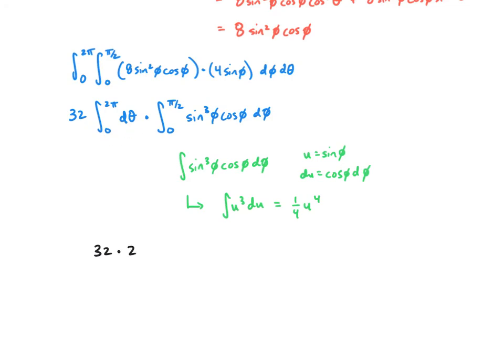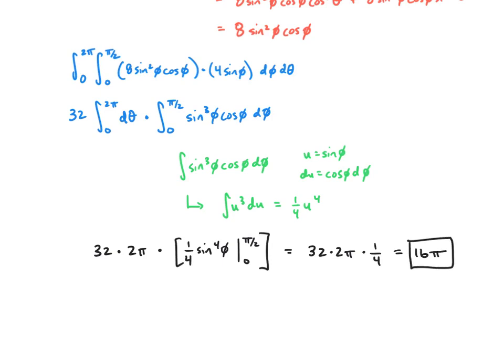So 32 times 2 pi times 1/4 u to the 4th, where u is sine of phi, and we're evaluating from 0 to pi over 2. Sine of pi over 2 is just 1, so what we get is 32 times 2 pi times 1/4, and that gives us 16 pi. So that is our final answer, and that is example 2.